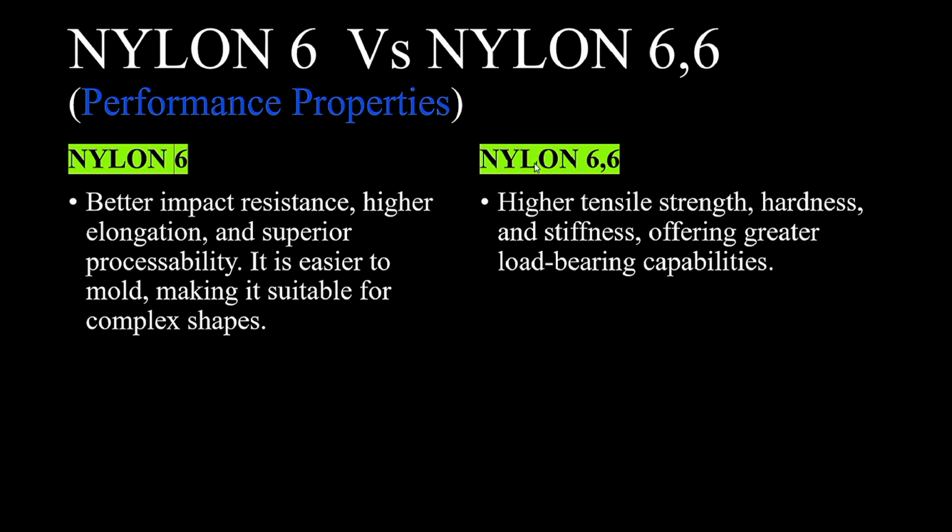Nylon 6,6 has higher tensile strength, hardness, and stiffness, offering greater load bearing capabilities. It is rigid, having a higher melting point, and is less flexible to mold into different shapes.